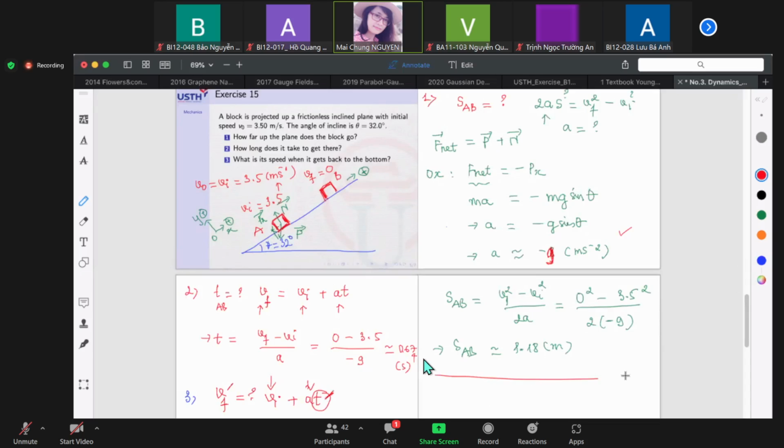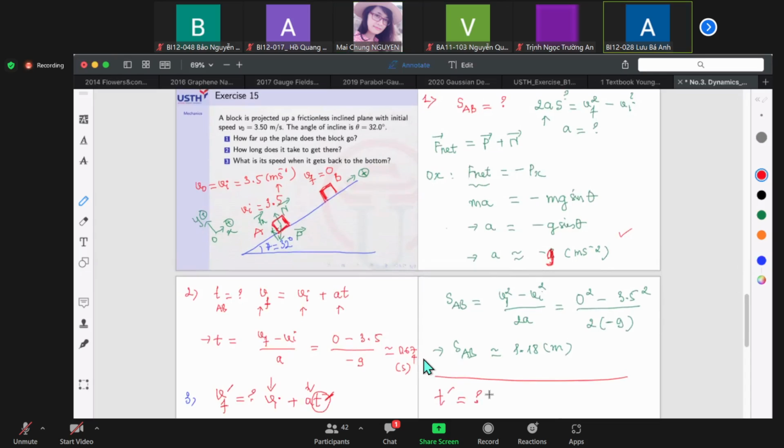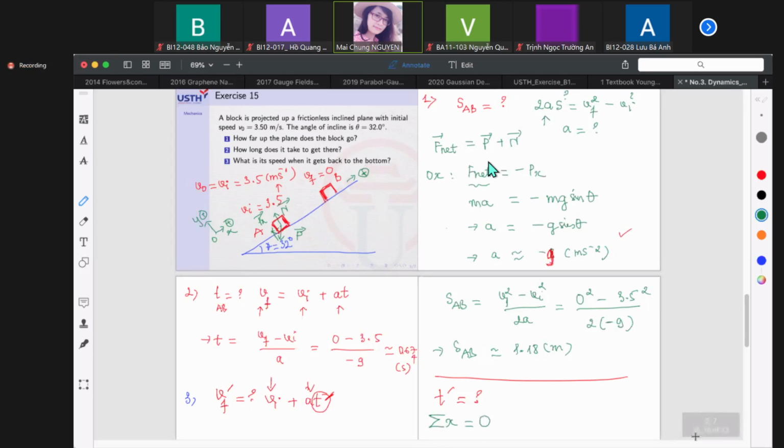So now how to compute T prime? I solve the equation x equals VI t. Don't forget, if the object starts at A, goes to B, and goes back to A, that means the distance traveled here is equal to 0.